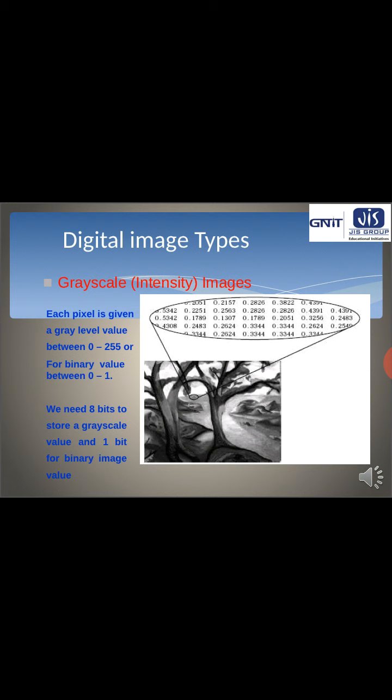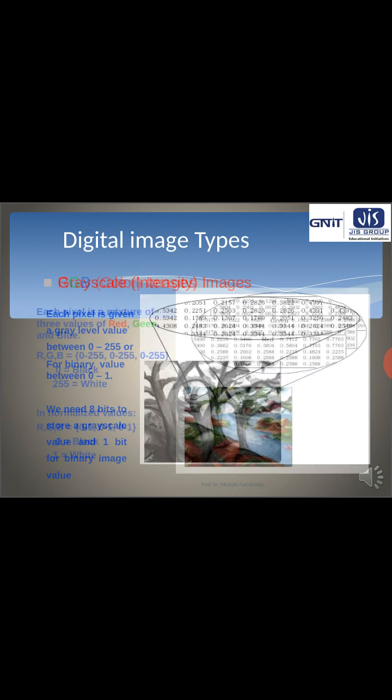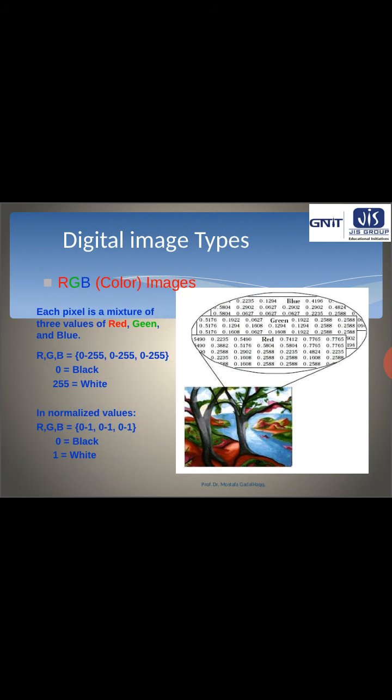Now if we move forward to the next slide, we can see that this is a color image, which is also known as an RGB image. R is the abbreviated form of red, G stands for green, and B stands for blue. So RGB means red, green, blue.